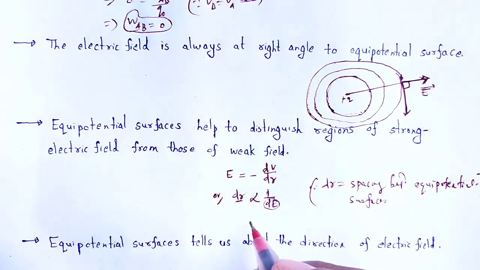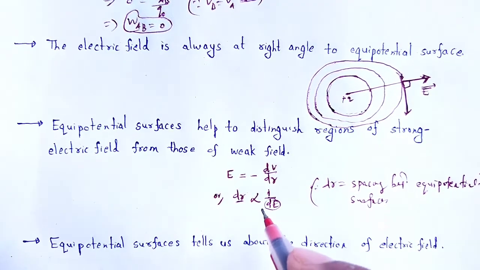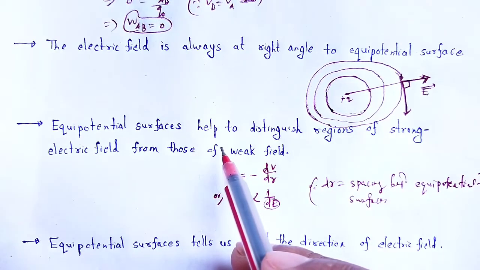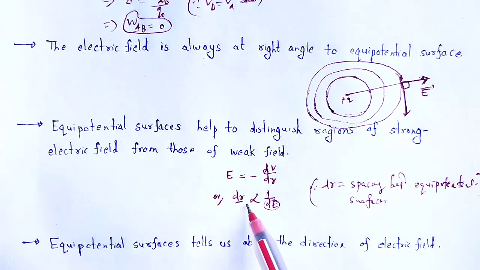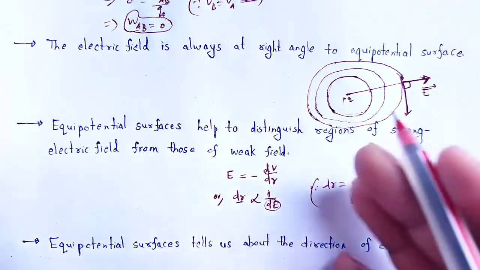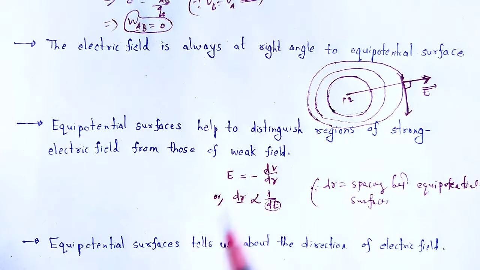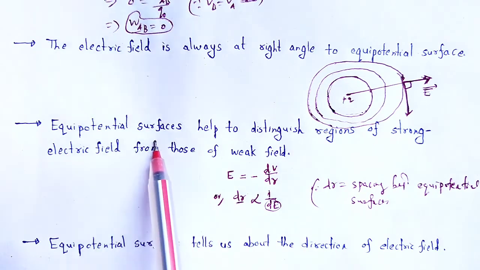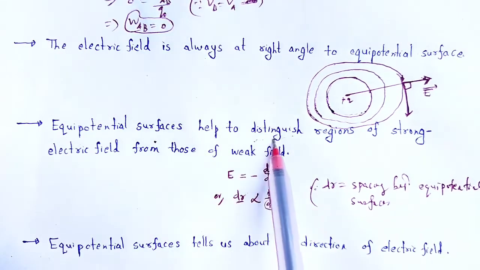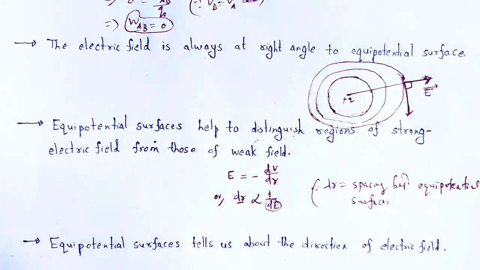So, using this relation, the spacing between equipotential surfaces in a strong electric field is less, and vice versa. For a weak electric field it will be more. So by using equipotential surfaces we can easily distinguish the regions of strong and weak electric field.